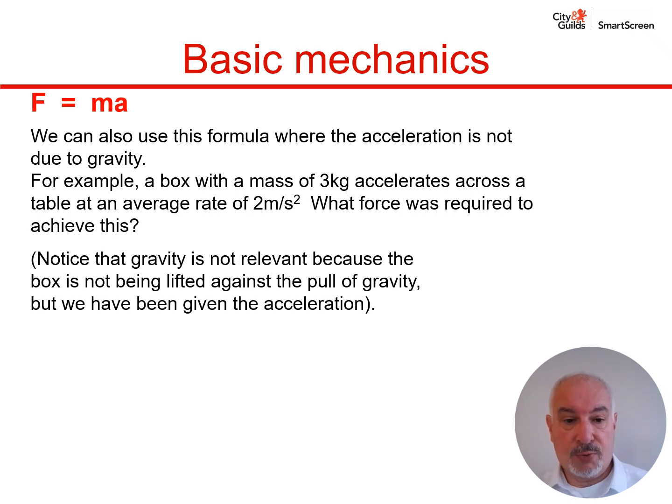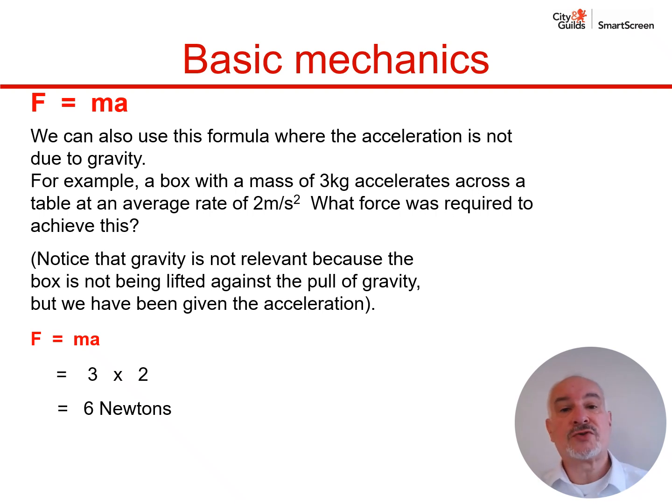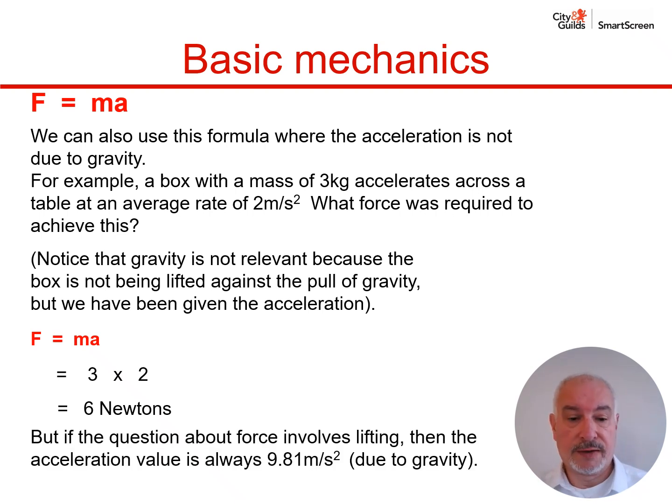So the point to note is that gravity is not the relevant value of acceleration, but it's the value that's given to us for the acceleration that is going to occur in the example. So F equals ma is our starting point, and that means that F equals 3 times 2, because the rate of acceleration given to us in the question is 2 meters per second squared. And that would give us an answer of 6 newtons.